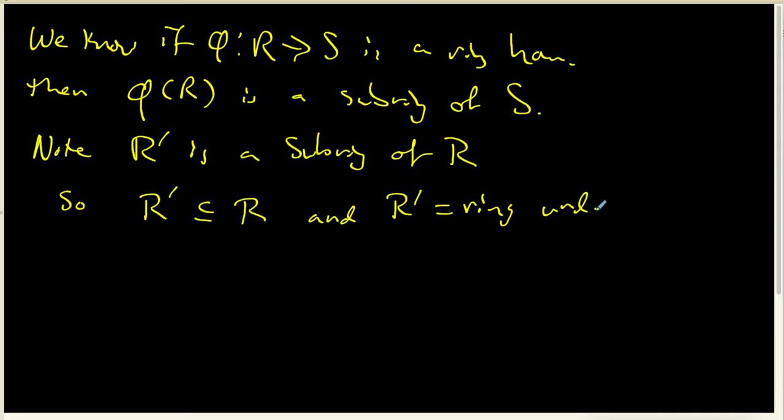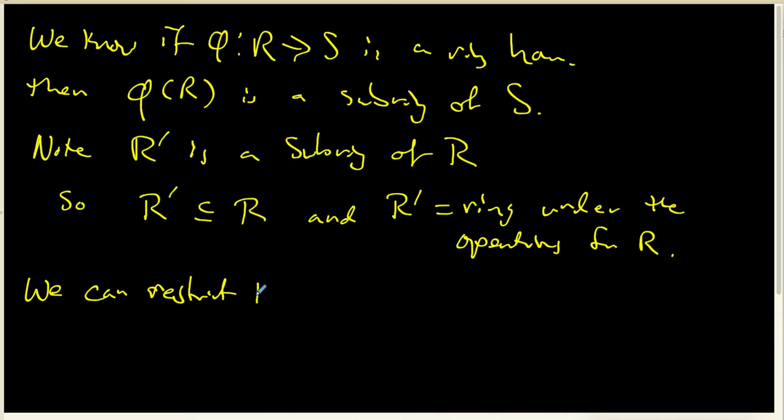So under the operations for our ring R. And what this means is that we can restrict the ring homomorphism phi to R prime.